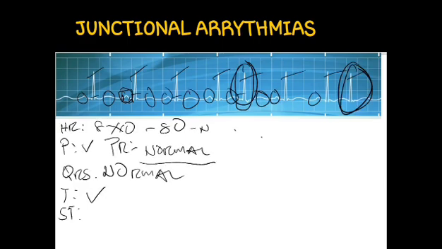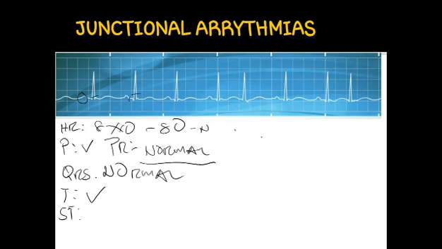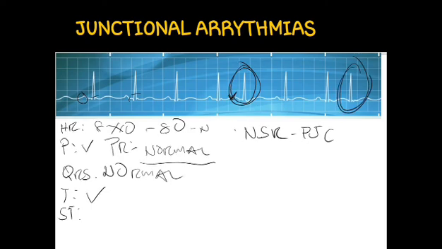Okay, so again, for us to know that the rhythm is junctional, there is an absence of a P wave or the presence of an inverted P wave. Now let's check on these rhythms. This one has no P wave because this one is actually a T wave. This is a T wave, not a P wave. This one also has no P wave. So meaning, guys, we have a normal sinus rhythm, but then we have a premature junctional contraction as represented by this one.